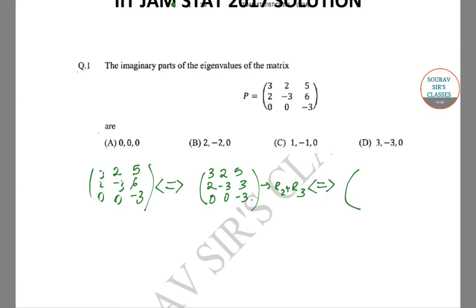Now we will apply another transformation. This becomes 3, 2, 5, 2, minus 3, 0, 0, 0, minus 3. This is another R2 plus R3 in place of R2. The point of doing this was just to make this element, the third column and the second row, 0.